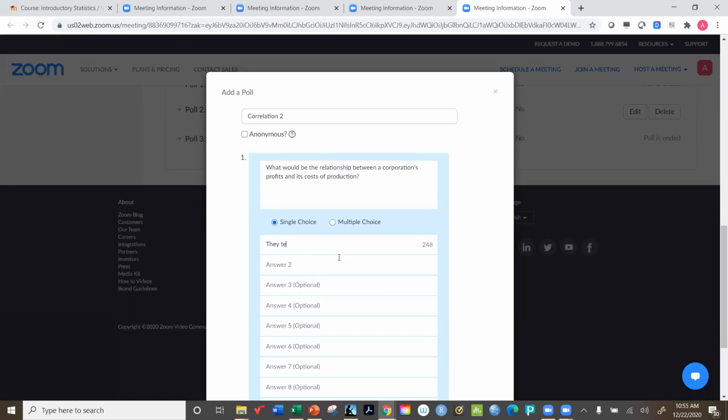Ooh, they tend to increase or decrease at the same time, or during the same year, I guess. Or they tend to move in opposite directions during the same year.